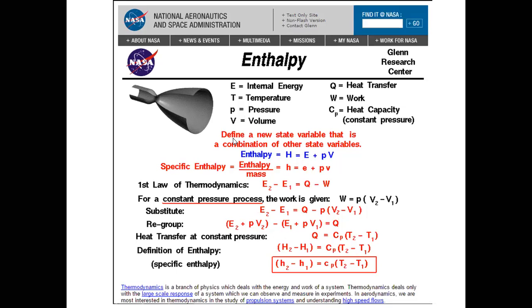State variables mean the condition at that time, whether it is air, gas or maybe two-phase; the temperature, pressure and all those things we call state variables. So here you can see H is E plus PV.